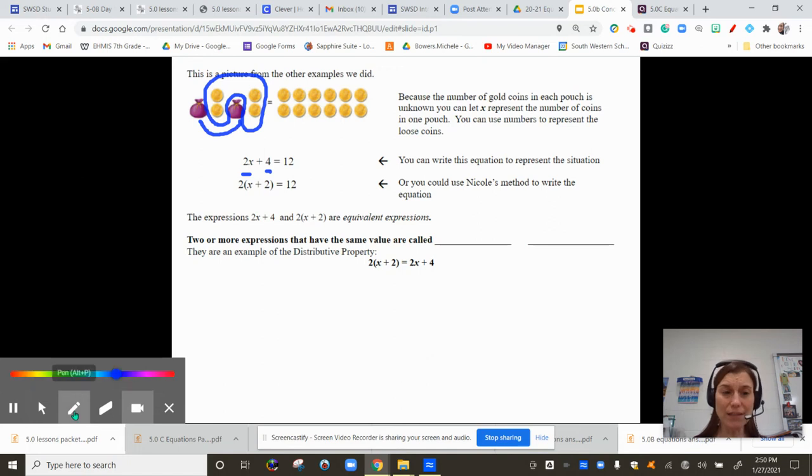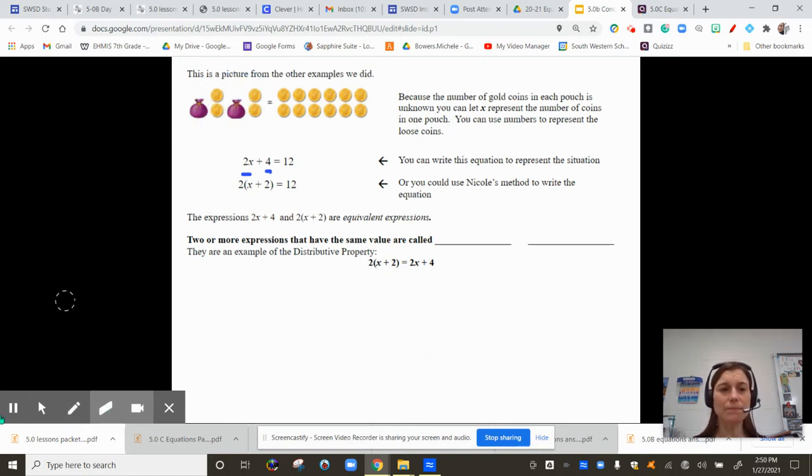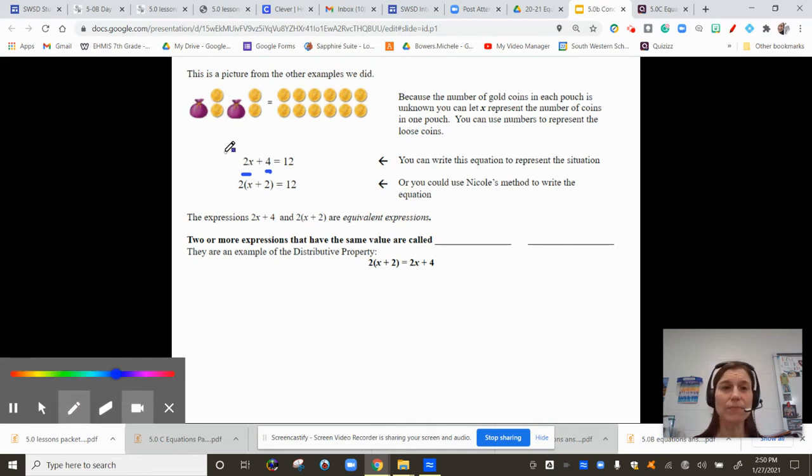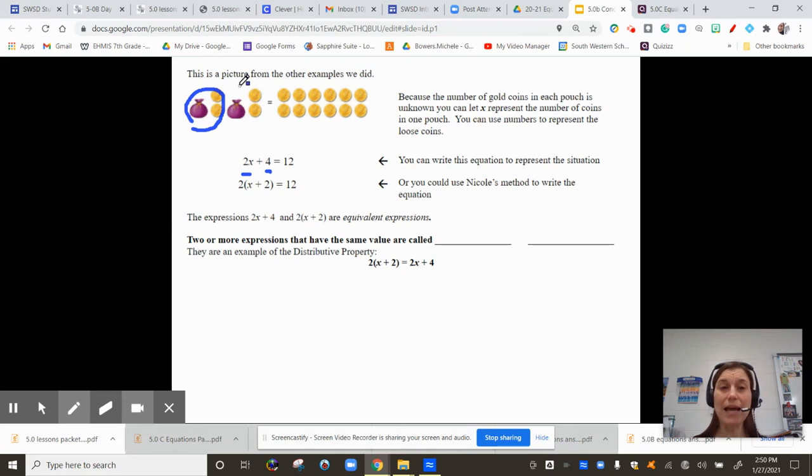But another way to look at this is to say that I have 2 sets of the same thing. I have a bag and 2 coins, and I have a bag and 2 coins, and I have 2 sets of those. And you could solve this differently. You could say, well, since I have two sets of a bag and two coins, the first thing I could do is divide this up into two equal parts.